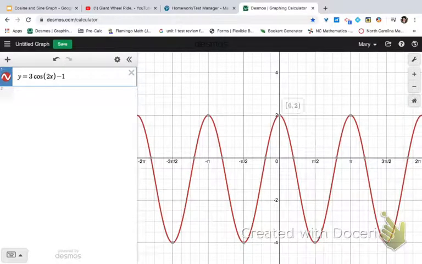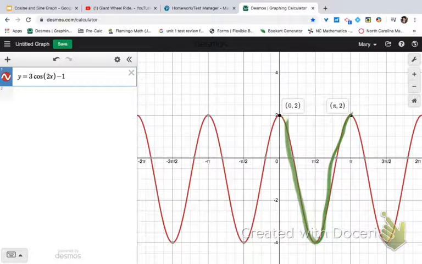graph. Here's a maximum, go all the way down to another maximum. There's a hill valley, that's one period. A hill and a valley has the period of pi units. We can also identify the midline.